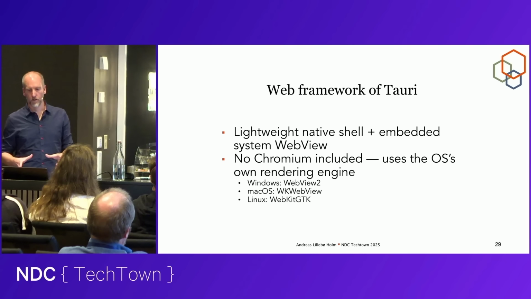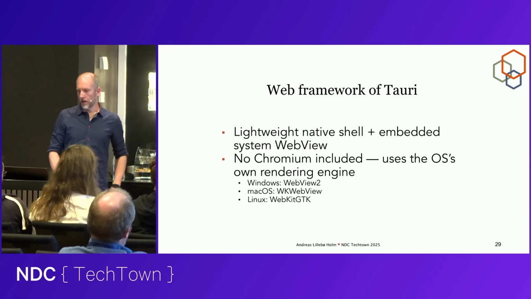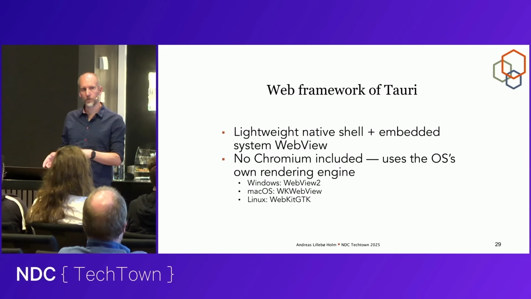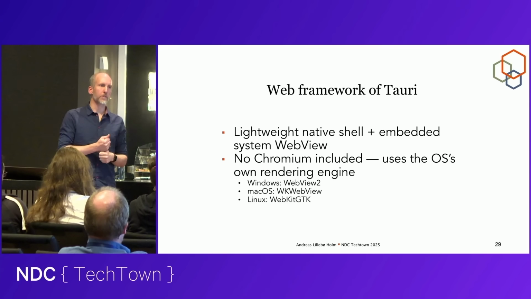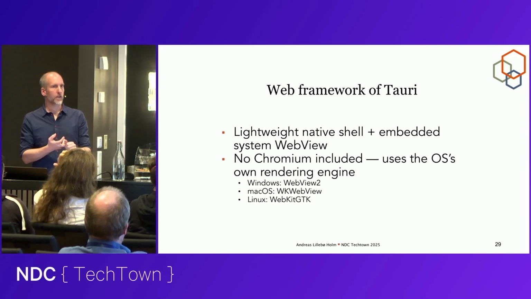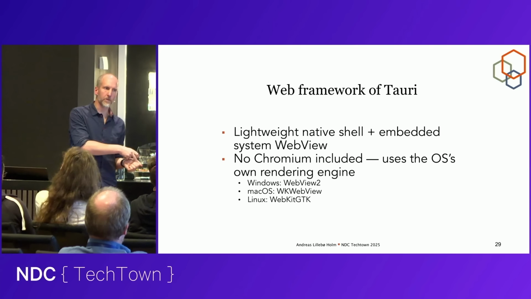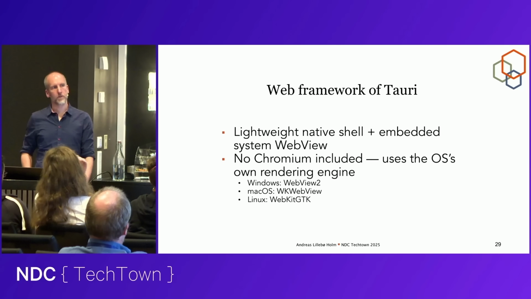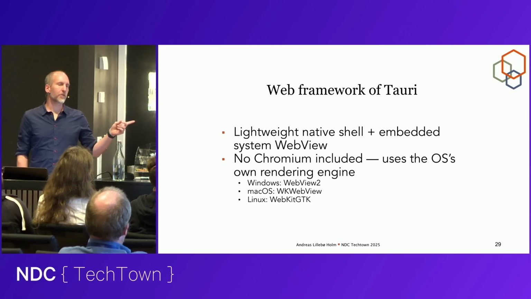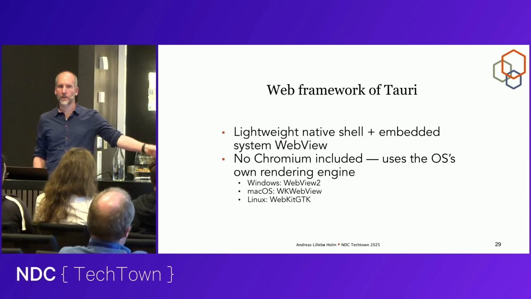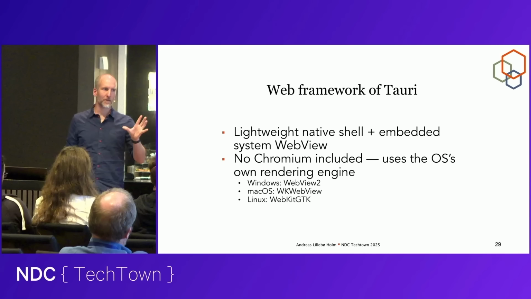So it uses whatever is on the platform, and I think that also means it uses whatever is optimized for that platform, because these frameworks are part of the operating system. They get security fixes through the operating system, and I think that could be a better solution. There are some negatives to that as well, because when you ship Chromium in Electron, you only need to test your web code against the Chromium engine.